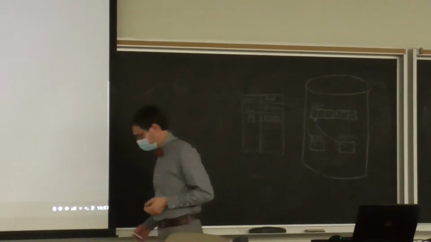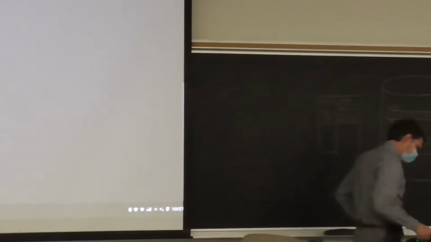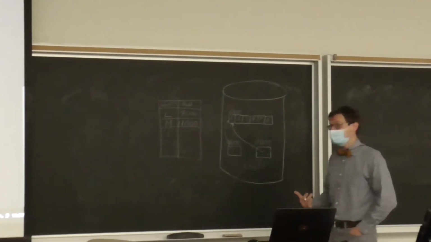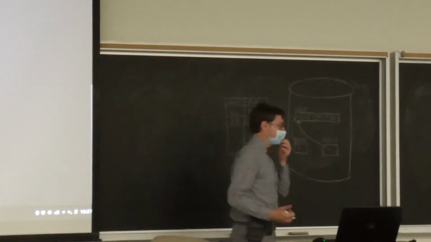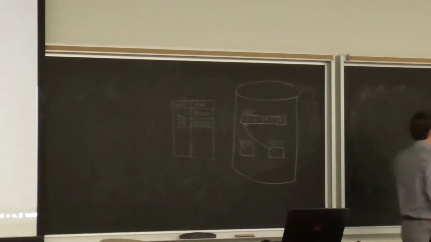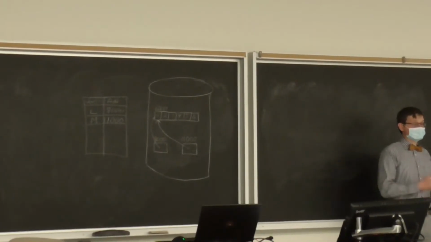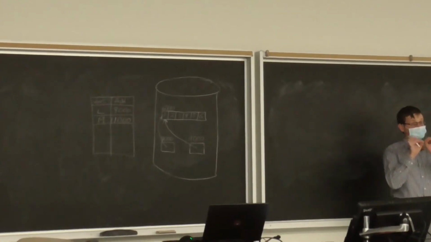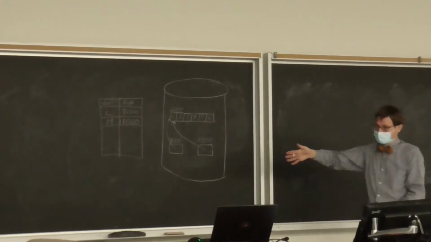Good. So the question becomes, how do you actually break out of this then, right? You will probably be in a situation at some point where you want to copy a data structure, right?